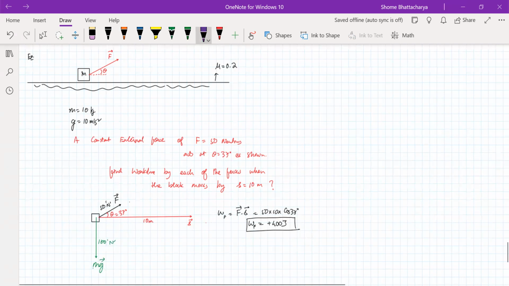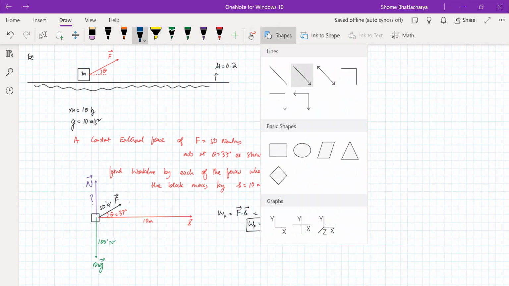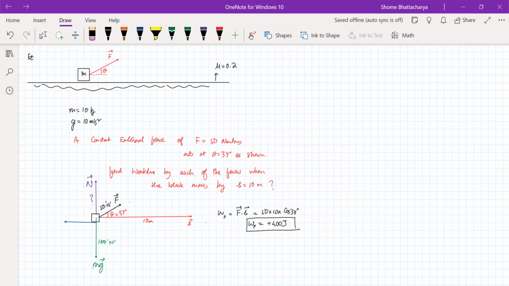Then there is some kind of normal reaction acting on the block, it will be vertically upwards, which you need to calculate. And last of all, there is kinetic friction acting because the block is sliding. There's kinetic friction, which is equal to mu n in magnitude. So we need to calculate how much that is also.